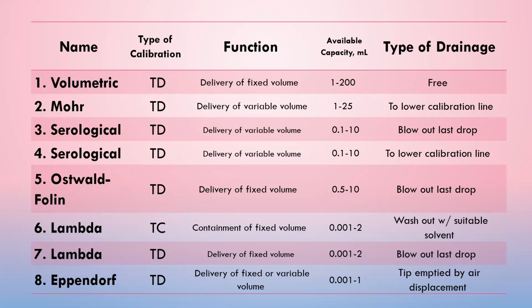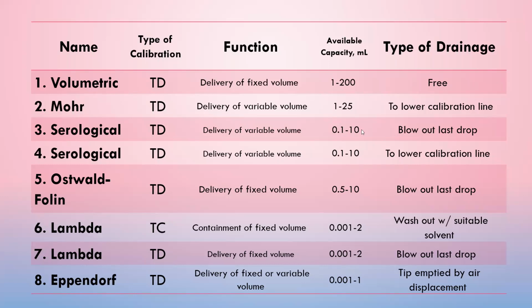It can accommodate up to 200 ml volume of liquid. So the rest, medyo maliliit na sila na mga pipette. Especially the Eppendorf and the Lambda, they can actually measure up to microliter. So masyadong maliit na yun na volume. Pero nevertheless, kaya nila yun i-accommodate.